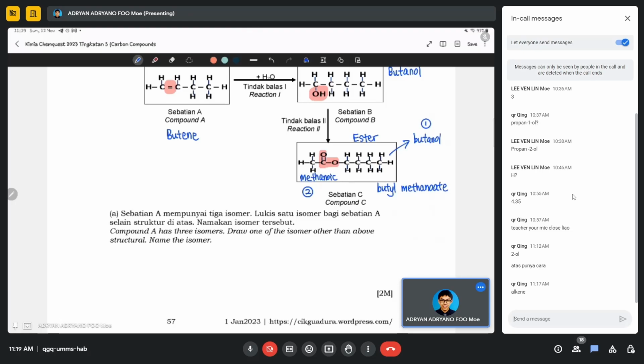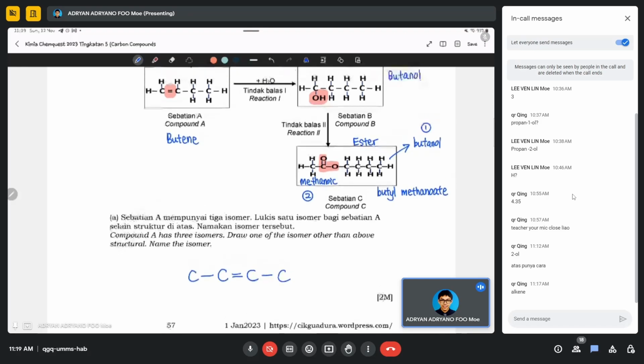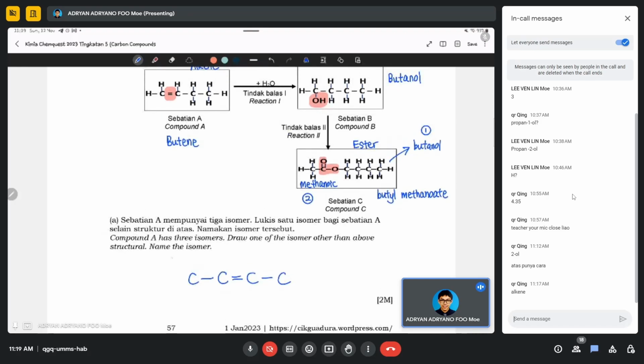Name the isomer. Okay. 如果你不会的话，最容易我把那个 double bond 我搬去另外一边，C single bond C double bond C single bond C，看到吗？我只是搬去一边，然后我就填咯 H H H H H H H H H H。刚才那个 double bond is at the first carbon.